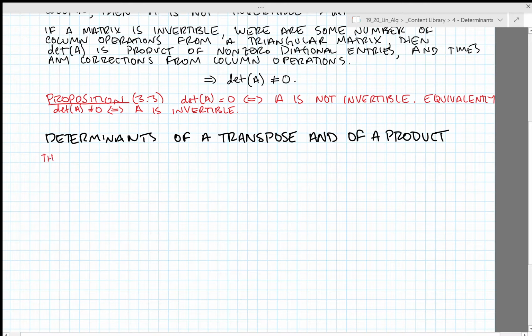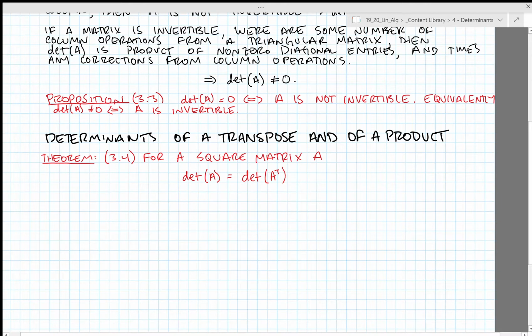So here's my first real theorem about the determinants, and of course it's 3.4: for a square matrix A, the determinant of A is equal to the determinant of its transpose.